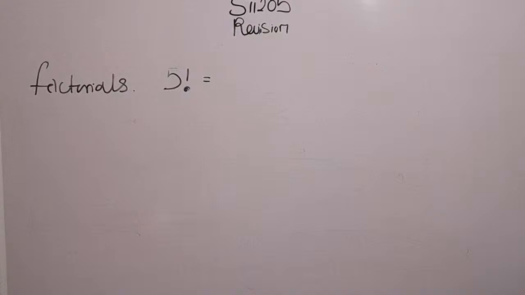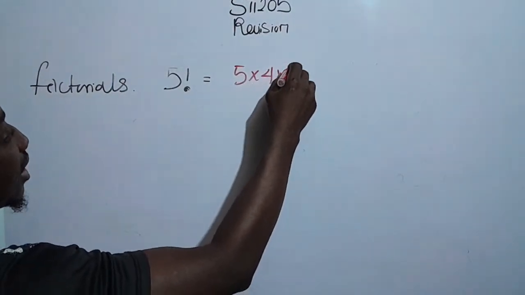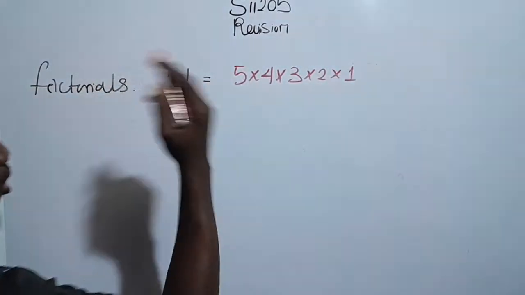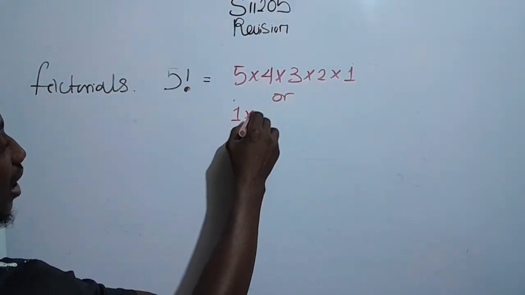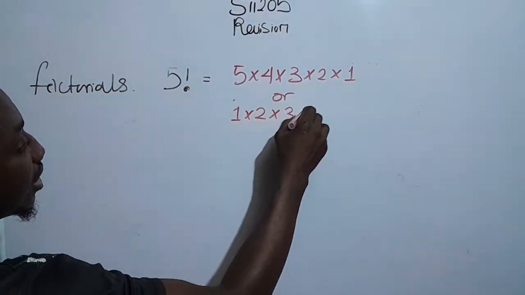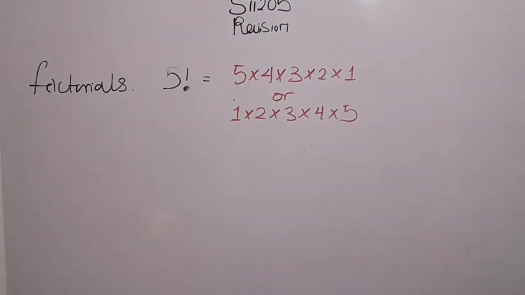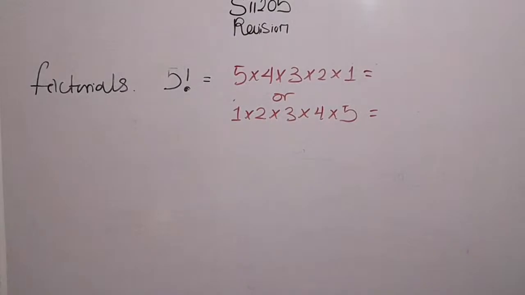When we say 5 factorial, we are simply talking about 5 multiplied by 4 by 3 by 2 by 1, or 1 multiplied by 2 by 3 by 4 by 5. Either way, if you do this, you get the same answer. Okay? Are we together?